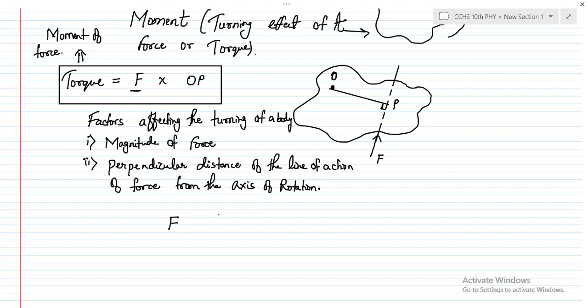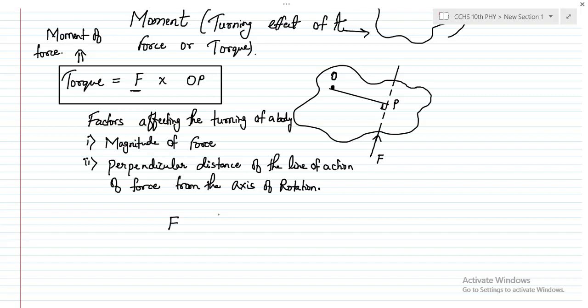So you can see the handles are provided at a position such that their distance from the hinges becomes maximum. Maximizing the perpendicular distance means a lesser force is required to produce the same turning effect than applying the force nearer to the hinge.